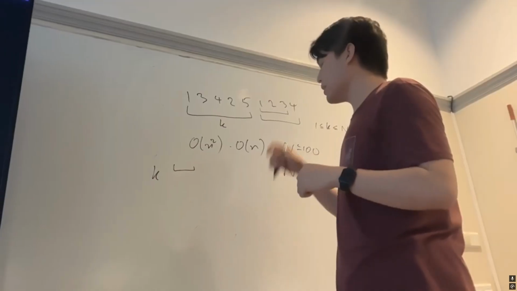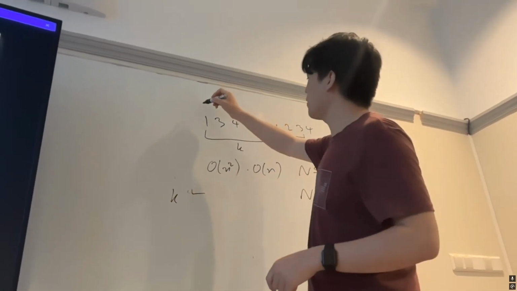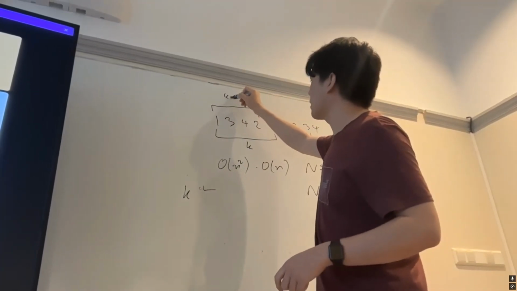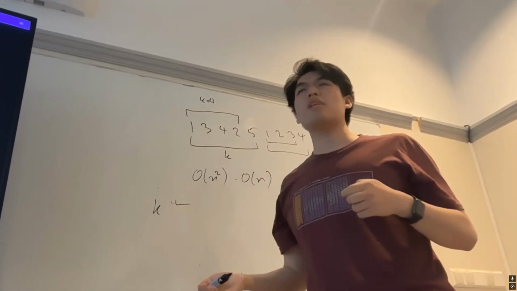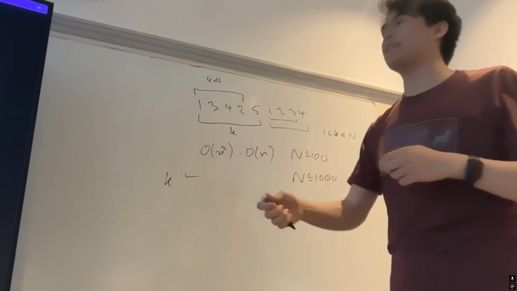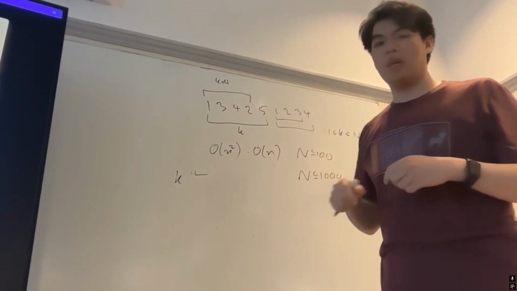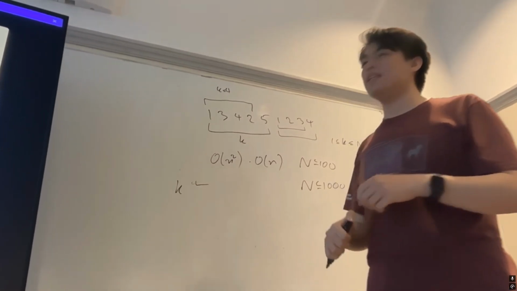Let's start with a size k. In this case, we can set k equals 4, and put all the elements here into some data structure. And now we want to just verify fast if this is a permutation of the numbers 1 to k.